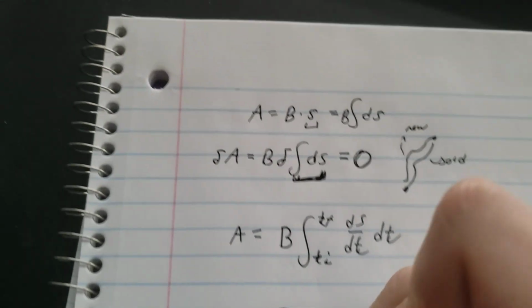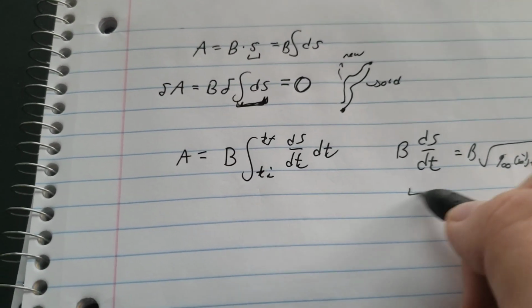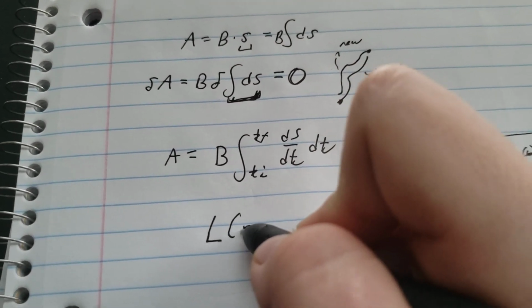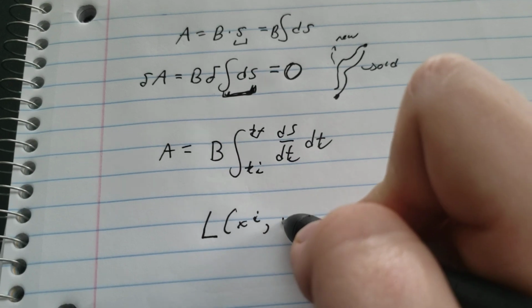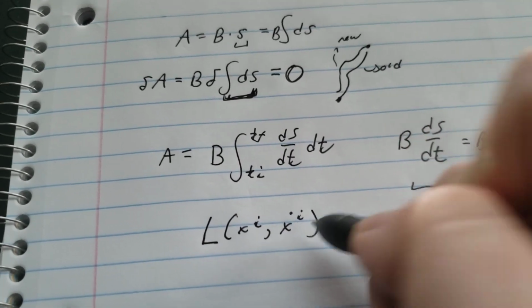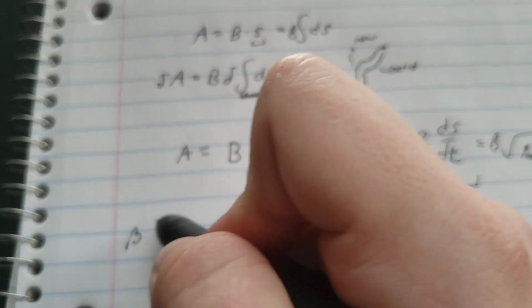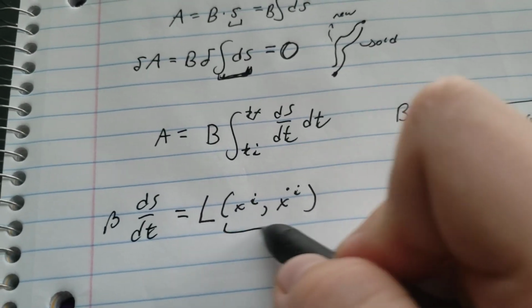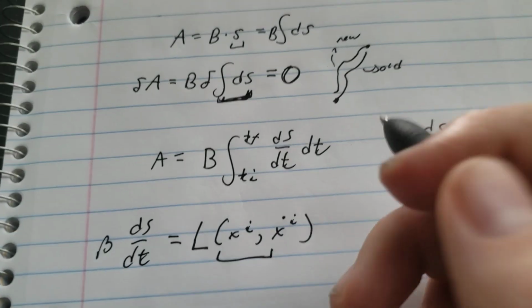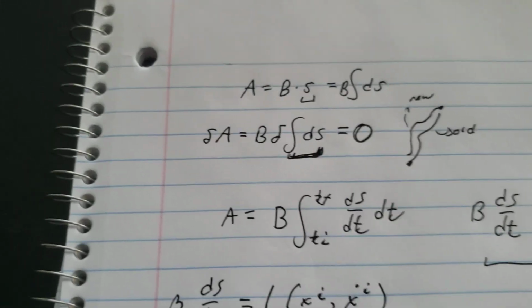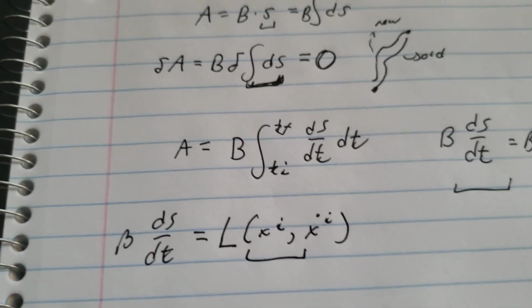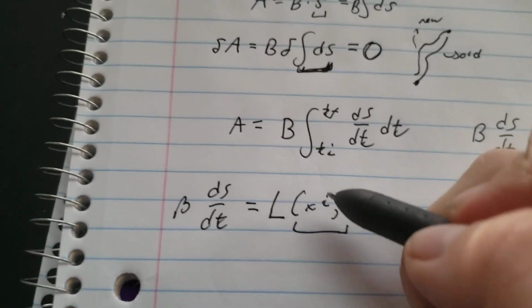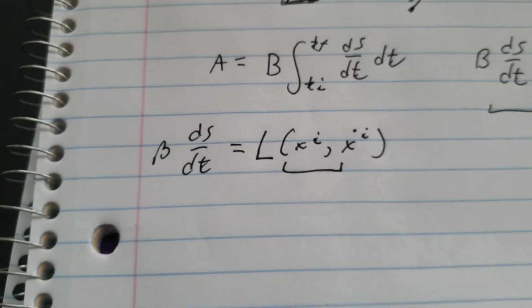Well, this is just a function of the positions and their corresponding velocities. And we call b ds over dt the Lagrangian here for our purposes. Now, there's more generalizations in field theory and all that stuff, but for this demonstration, this will suffice.